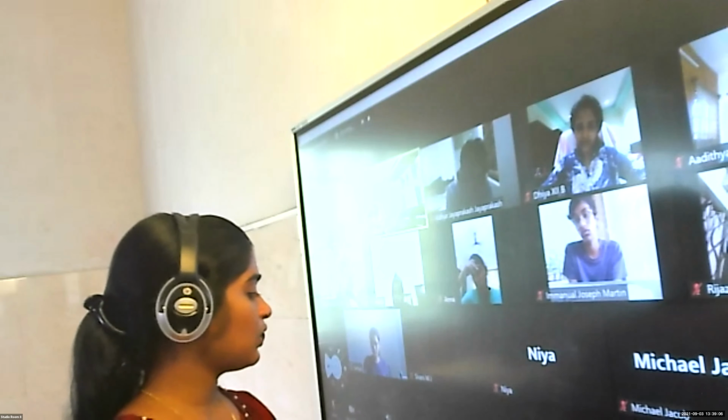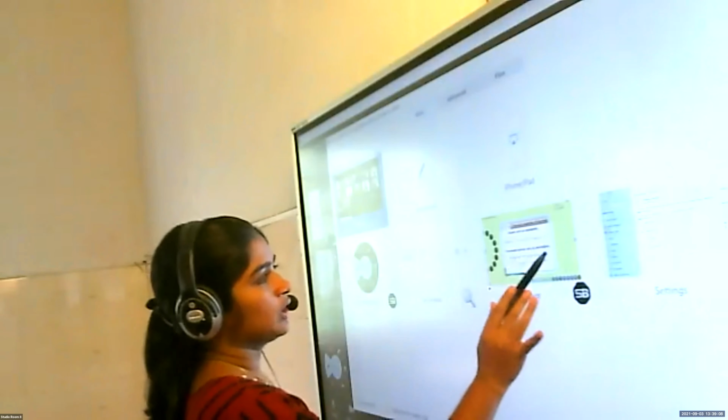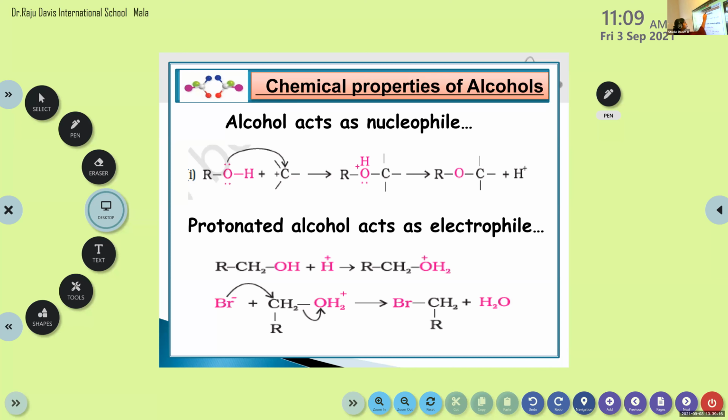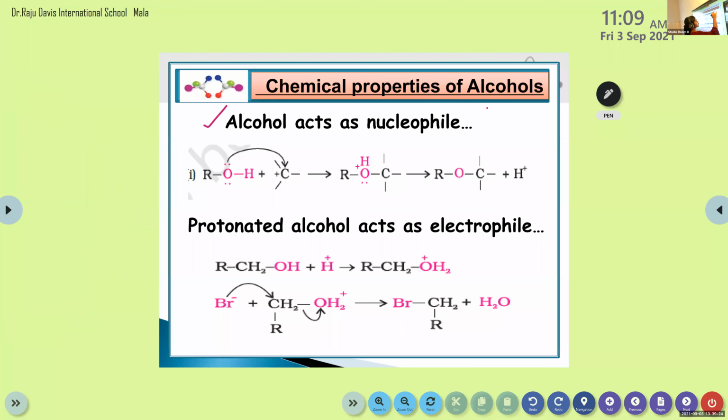Now we are going to learn how alcohol acts as a nucleophile and how protonated alcohol acts as an electrophile. First, alcohol acts as a nucleophile. Nucleophile means they are always nucleus loving or positive charge loving.